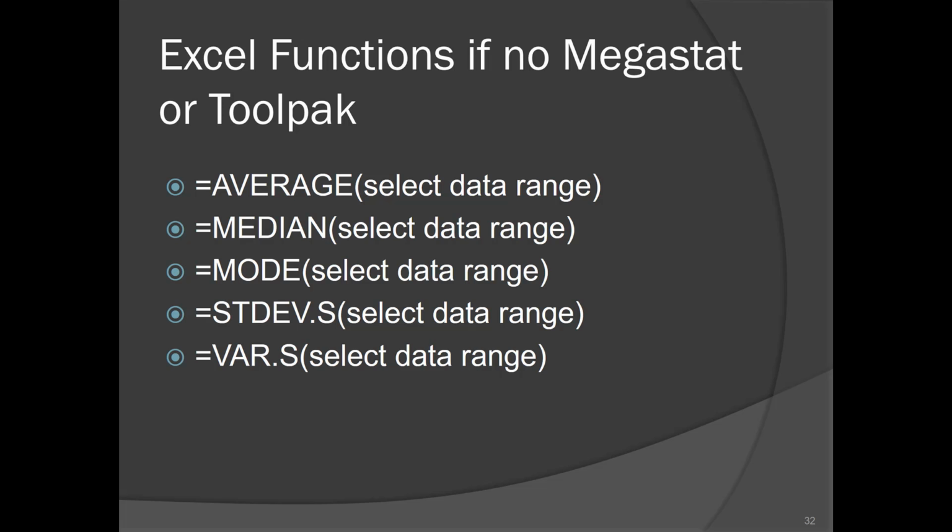You know, just hit equals average and select the data range. It'll give you the average. So not quite as efficient as just getting the whole set of descriptive statistics, but we do definitely have those functions out there. For standard deviation and variance, it's .s for sample. You would put .p if you had the whole population, but that's pretty rare.